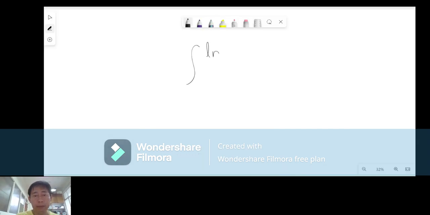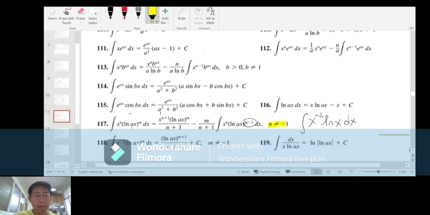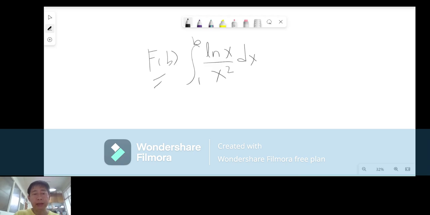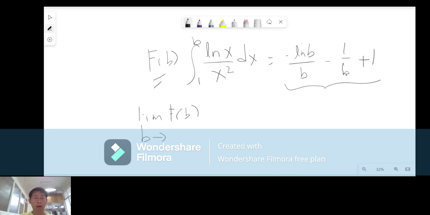Here we first obtain the indefinite integration of ln x over x squared by referring to item 117 in the integral table, so that we can obtain the expression of the integral function F of b in the form of ln b over b and 1 over b. Then in the second step, we take the limit of the function F by setting b to infinity.